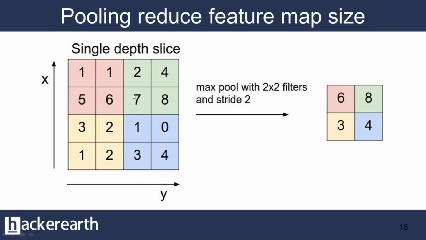Here again, this is a 4x4 subportion 2, 4, 7, and 8, and it will reduce it to one number 8. So here what I'm showing is max pooling. What it does is it looks at these 4 numbers and takes the max of that and puts it here. So it basically takes this whole feature map and reduces its size so that it's easier to process in the next layer. You can also take the average of these 4 instead of taking the max.